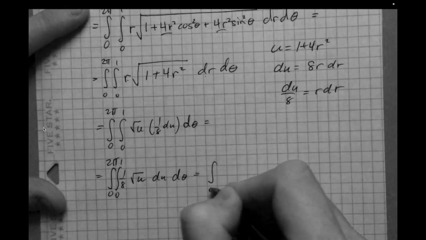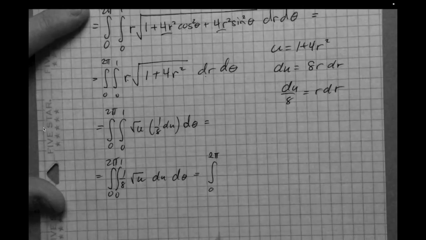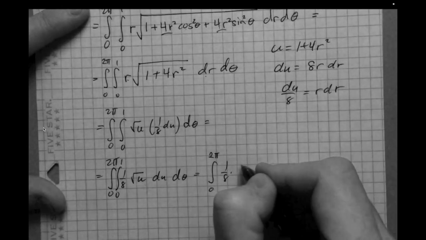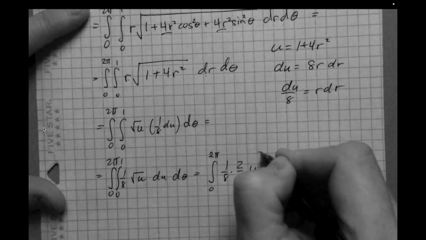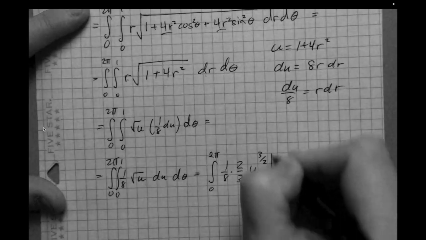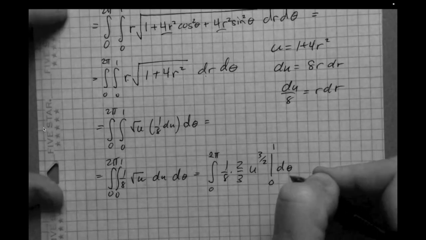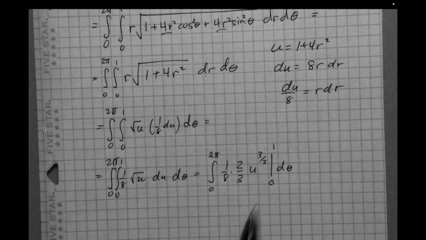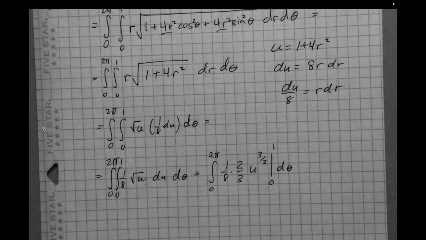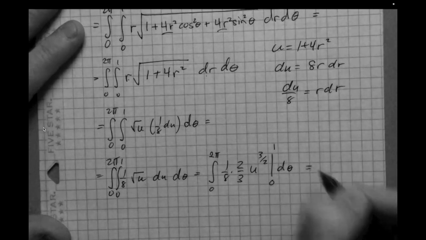And so when we integrate with respect to u, this becomes 1/8 times 2/3 u to the 3/2 power, and that needs to go from 0 up to 1 d theta. Now it's important to notice here you don't want to just plug 1 into u. You have to convert u back into r first.